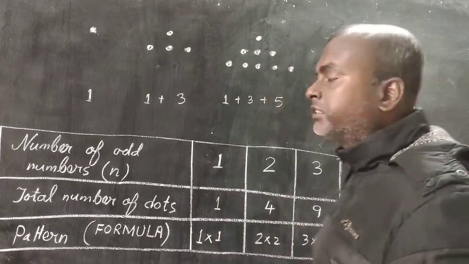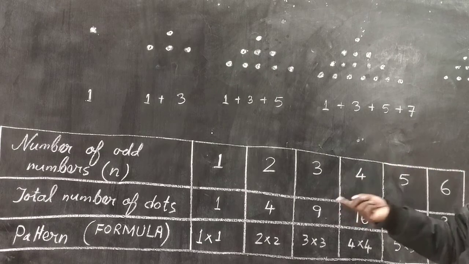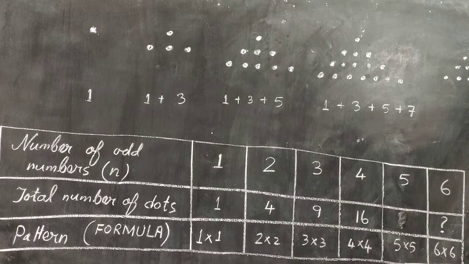It will be something like this: 1 dot, 3 dots, 5 dots, 7 dots. Then 1 is an odd number, 3 is an odd number, 5 and 7. Then the next odd number is what? 9. So 9 more dots will be added.